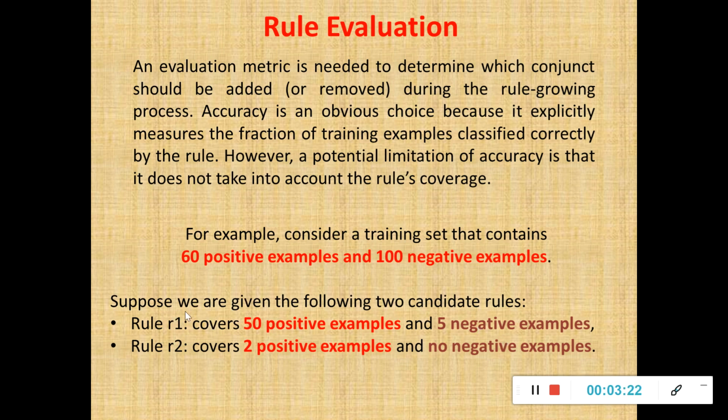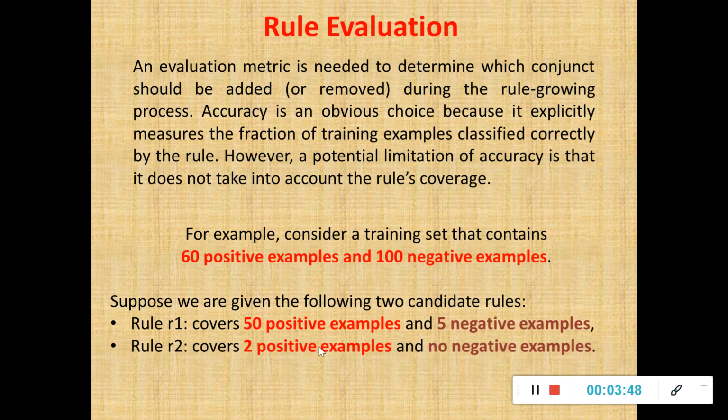The total number of examples covered by rule R1 is 50 plus 5, 55. Similarly, rule R2 covers 2 positive examples and 0 negative examples, so the total number of examples covered by rule R2 is 2. So in the training set, 60 positive, 100 negative, total 160. Rule R1: 50 plus 5, 55. Rule R2: 2 plus 0, 2 instances are getting covered.